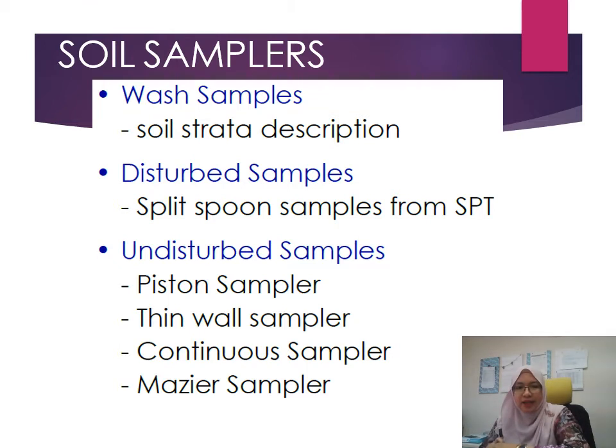And then next is disturbed sample. Normally disturbed sample can be obtained from the split spoon sampler from the standard penetration test. You can also obtain disturbed sample by simply using a hand auger, using the procedure of augering with either a manual auger or an automated auger.